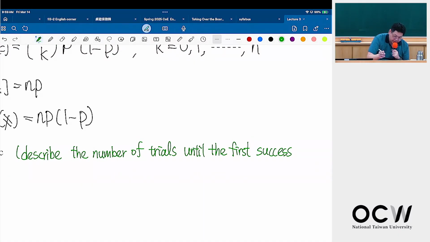I still do the Bernoulli trials, but I do it again and again until the first success.